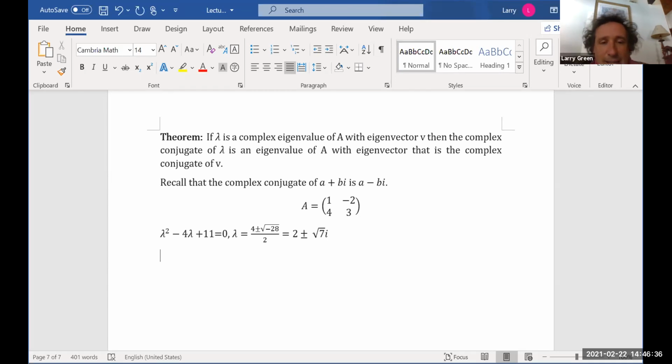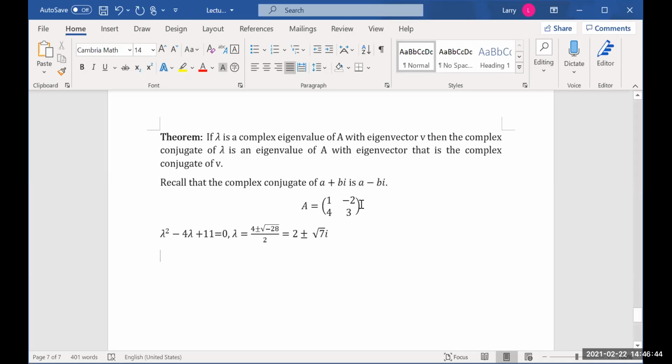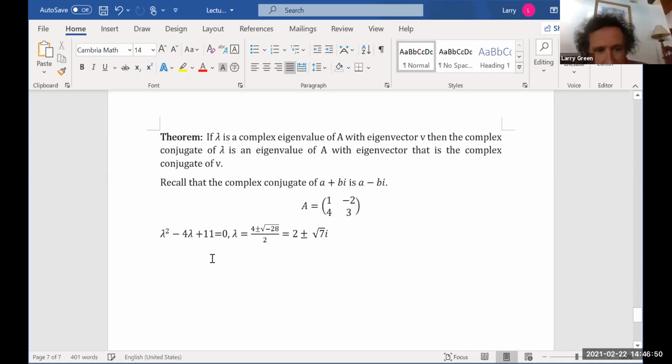Okay, now we need to find the eigenvectors. How do we find the eigenvectors? Plug that into A minus lambda I. Yeah. So I'm going to take the -1, and this is particularly important. You're going to go -2, and then a minus root 7i, or I'll make it plus.